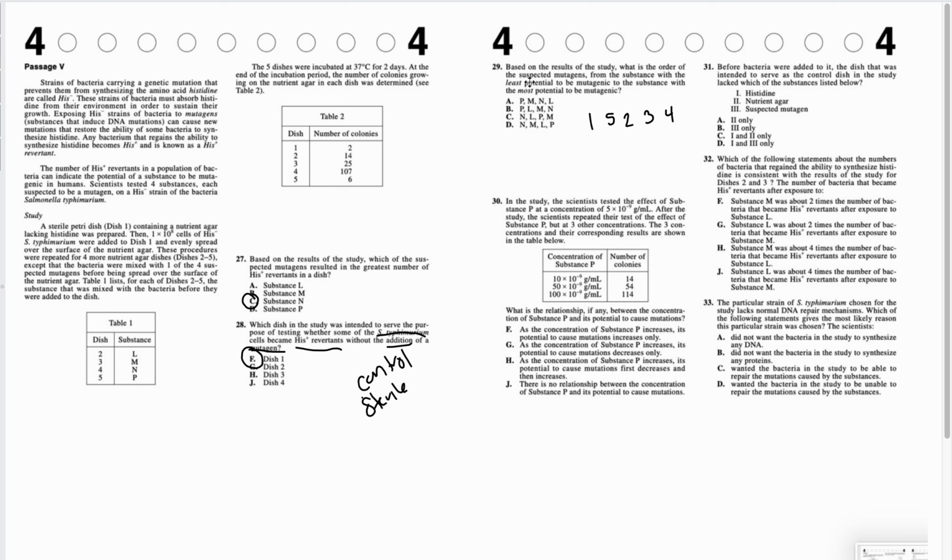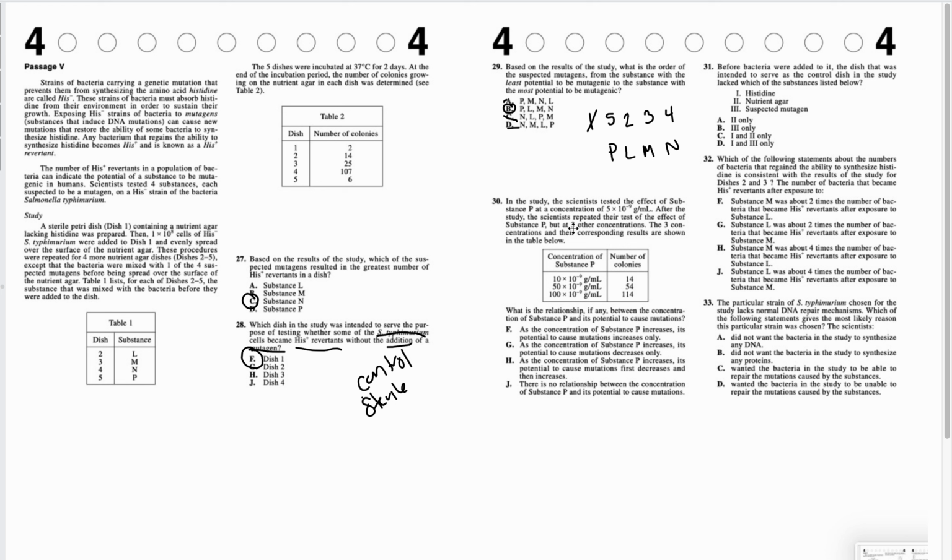Then we need the letters. Dish 1 is not on there. Dish 5 is P, dish 2 is L, dish 3 is M, and dish 4 is N. So P, L, M, N. It's not C or D, so the answer for 29 is B.